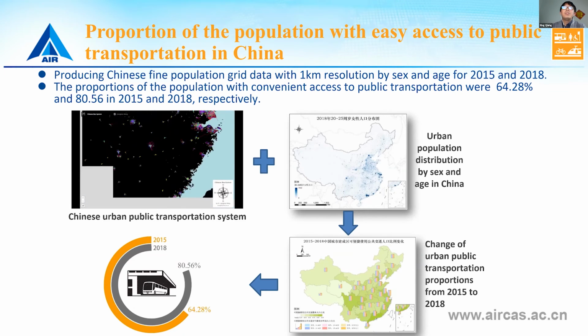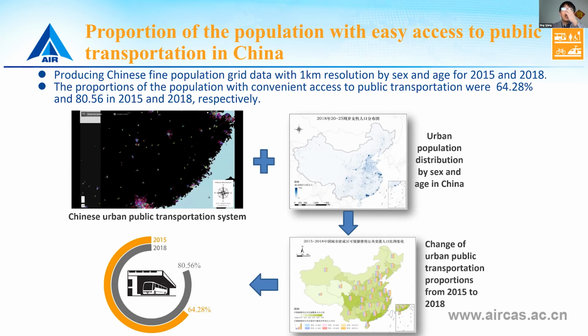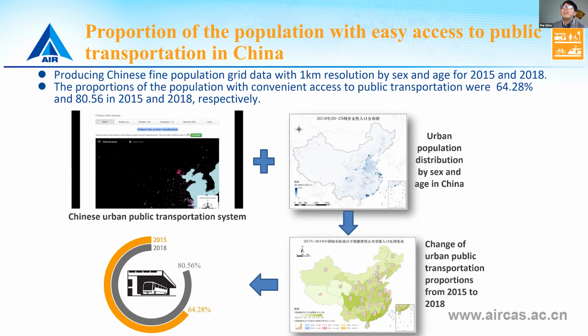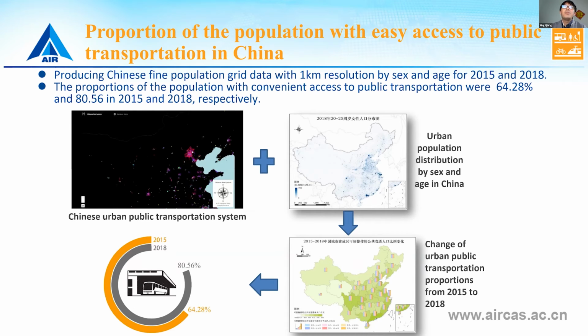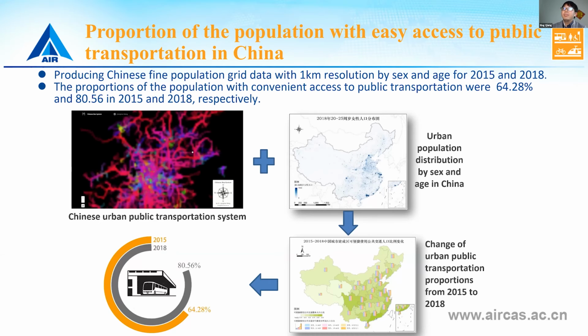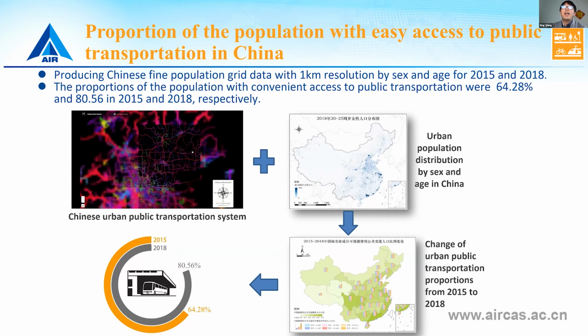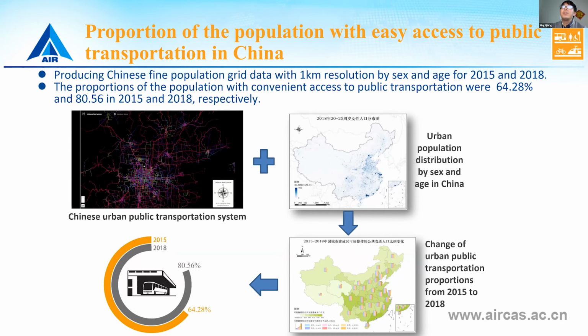So it shows that China has made significant progress on improving public transportation in the SDG time period, which starts from 2015.